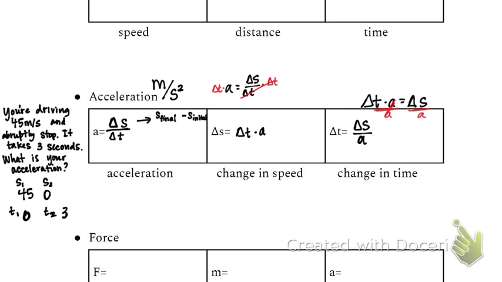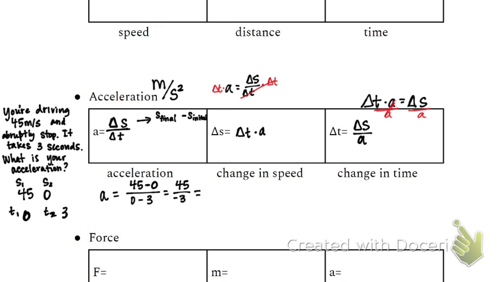So remember, we're doing acceleration is speed divided by time, but what's your speed going to look like on top? 45, what's 0 doing? Subtracting. 45 minus 0. Hold on, what's the bottom look like? 0 minus 3. So 45 minus 0 is 45, but 0 minus 3 is negative 3.